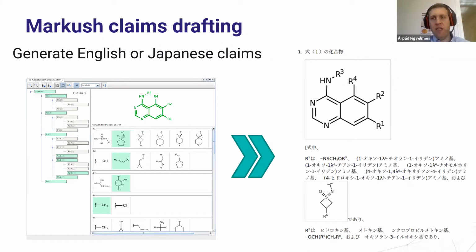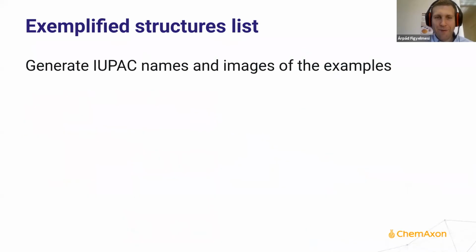However, this is not legally compliant text. It may need additional adjustment. However, based on the feedback, it is a really good starting point for the final claim drafting. Currently we support English and Japanese. I hope the Japanese one will be useful in your life.